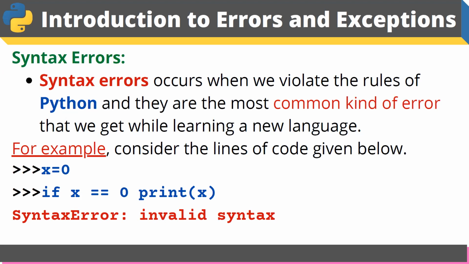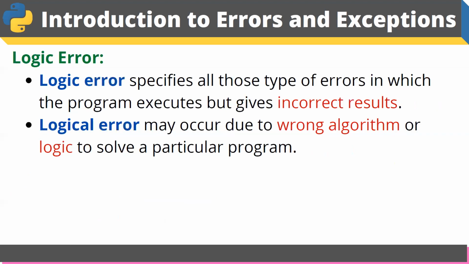This is a syntax error, and we can say simply invalid syntax. What is the syntax we have to write here? If x == 0 colon, and in the next line we have to write print x. But if we write print x in the same line, it will simply display invalid syntax.